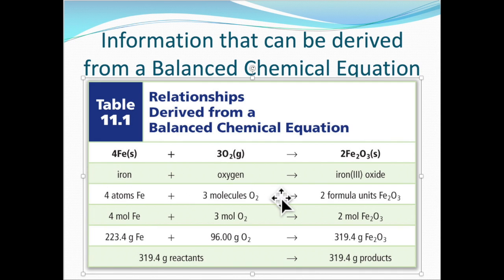I don't know why it looks like four arrows, but if you look at each row, you can determine different information just from this balanced equation. So 4 moles of iron and 3 moles of oxygen will yield 2 moles of iron oxide. If you calculate, the mass of the reactants equals the mass of the products, which makes sense because of the law of conservation of mass.